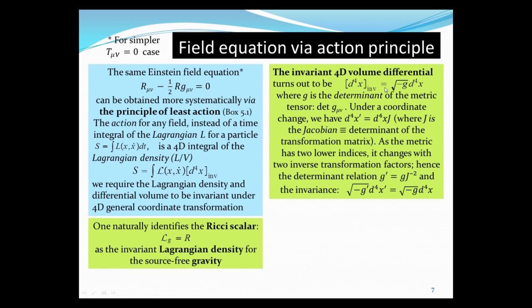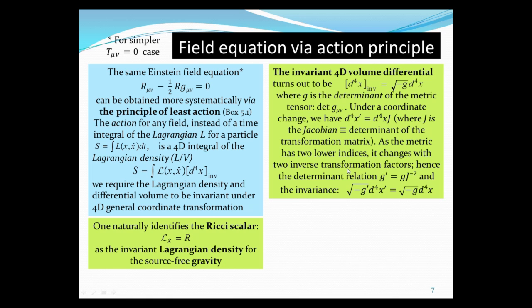The reason only this combination is the invariant volume is that when we make a coordinate transformation, d4x to d4x prime involves the Jacobian, the determinant of the transformation matrix. The metric is rank 2, with two lower indices, so when it transforms it involves two inverse transformations.